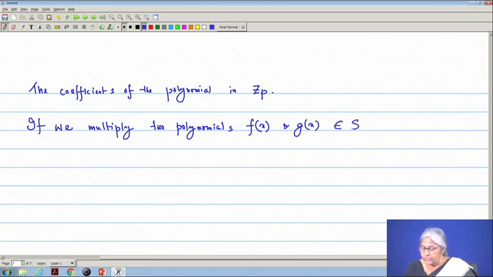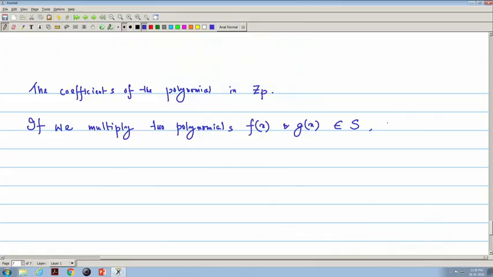that belong to S, and S is the set of polynomials of degree less than or equal to n minus 1.